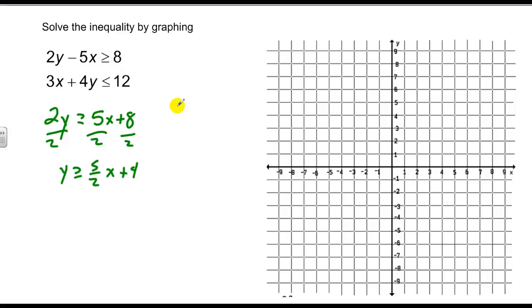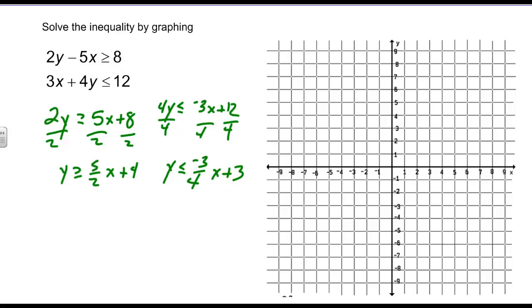Second equation, subtract 3x to both sides, get 4y less than or equal to -3x plus 12. Divide by 4 to both sides, get y less than or equal to -3/4 x plus 3.